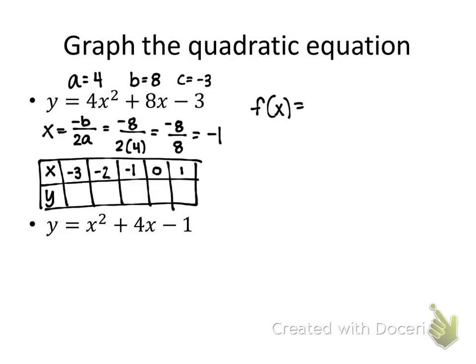And what we're going to do is type in our original equation, 4x squared plus 8x minus 3, into the calculator just how it looks. So I'm going to type in 4. Then what do I hit to get an x? Alpha x squared, then plus 8.